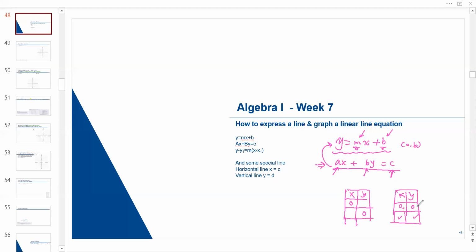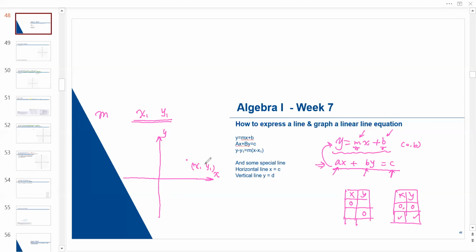So the question right now is like this one. I give you a dot. The dot is x1, y1. The slope is m. I give you slope m. So in this graph, suppose they give any dot, right here, x1, y1.